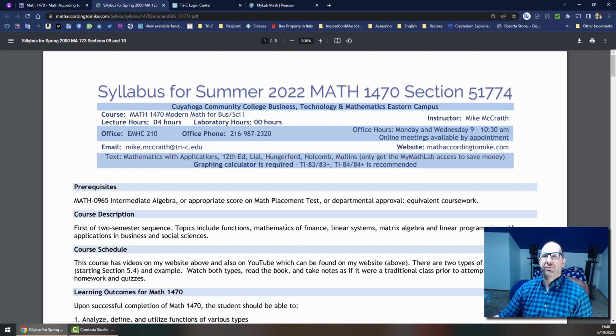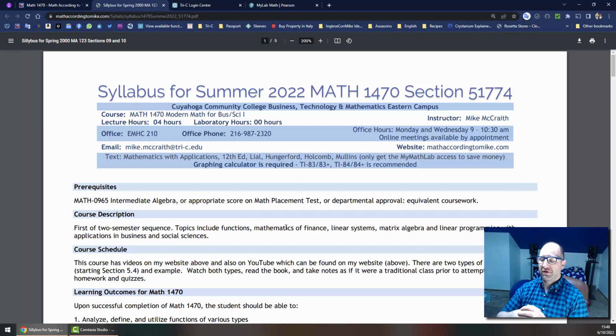Textbook: all three of your classes will need access to MyMathLab. So whether or not you get the paper copy of the book is completely up to you. You absolutely need access to MyMathLab to get to the homework and the quizzes for the course. You can buy that from Pearson directly.